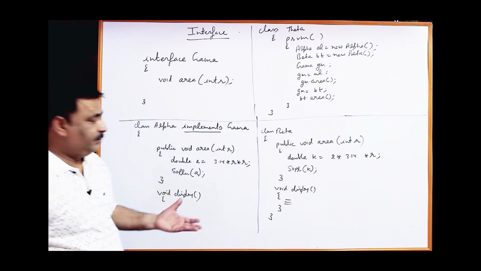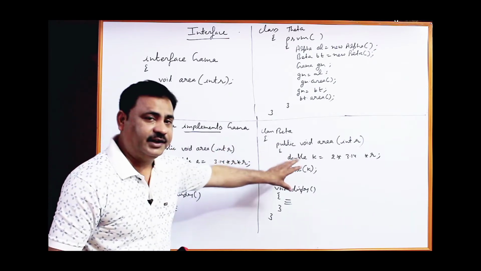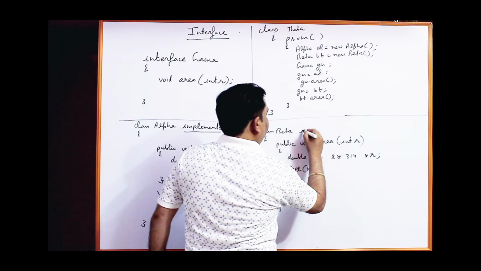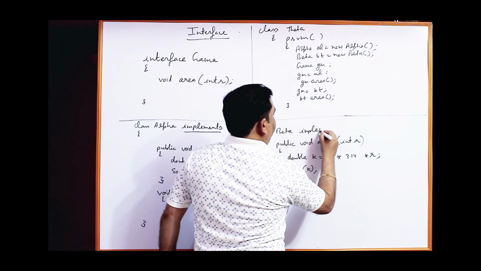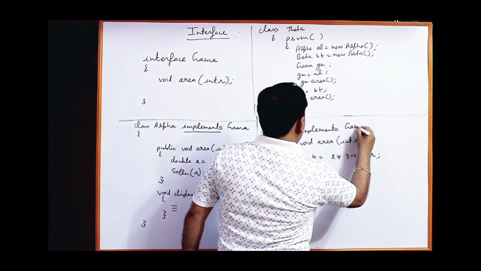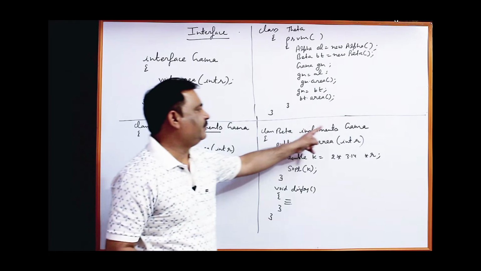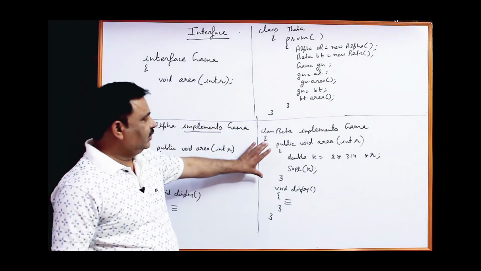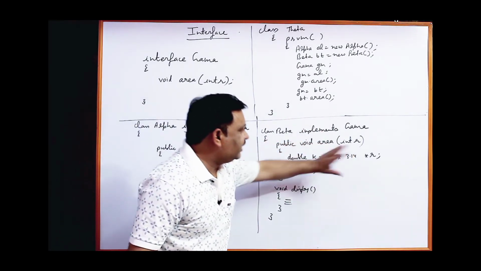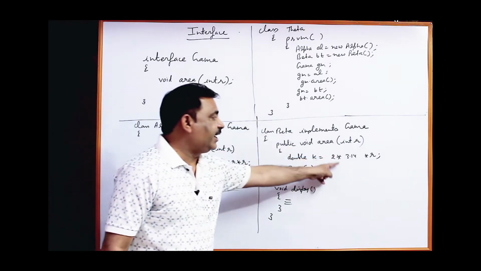Now one more class, beta. In the same way, if we have to define the area function here, then write implements gamma, the name of the interface. Like class alpha implements gamma, class beta implements gamma. In the same way you have to define the same function, void area, and the coding can be different.